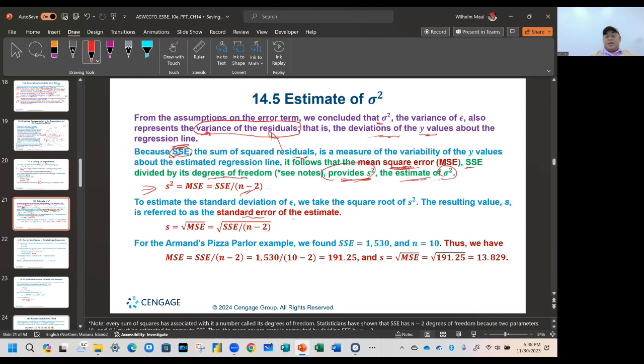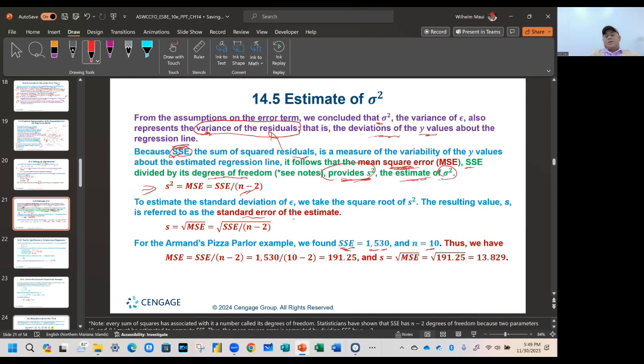Okay, so we'll walk through this using that example that we started with, and then we'll switch over and do a couple of exercises before the end of the class, hopefully. So for Armand's, we compute your sum of squares error. We did that in the previous slide, so if you need to, you can go back and look at it, which is 1,530, and your n is 10, given, no?